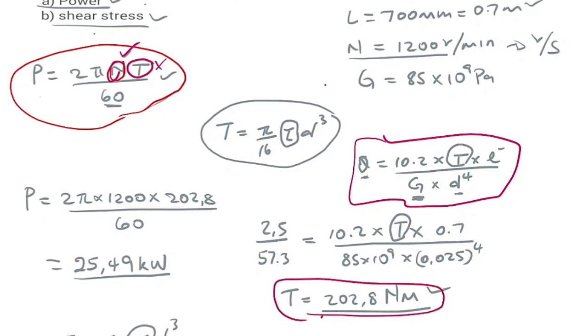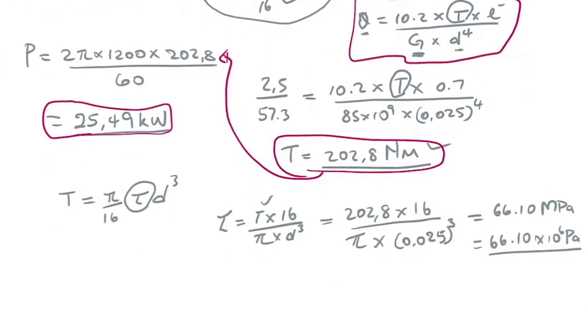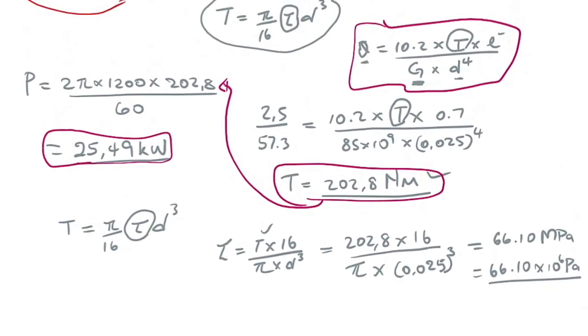We took it to substitute it here in the power formula. From here we got 25.49 kilowatts. That's the power that we're required to find from the problem statement as a first answer. Then we're required to find the shear stress. Then we use this formula.